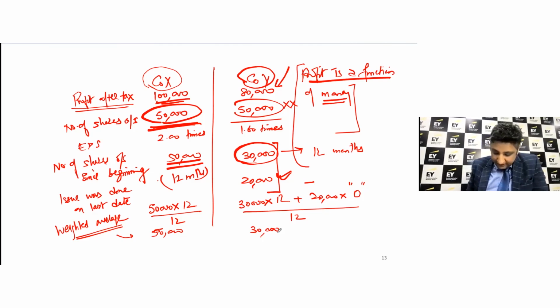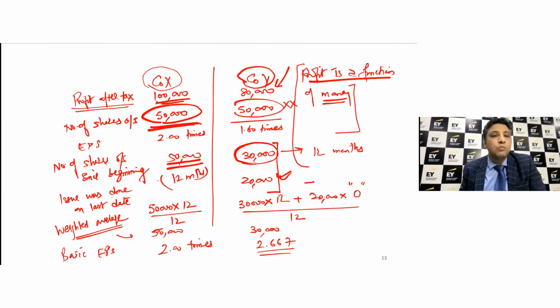Now that gives me, by the way, my EPS, or the basic EPS, right? This is of course still 2 times, but when you look at 80 divided by 30, that gives me an earning per share of 2.667, right?